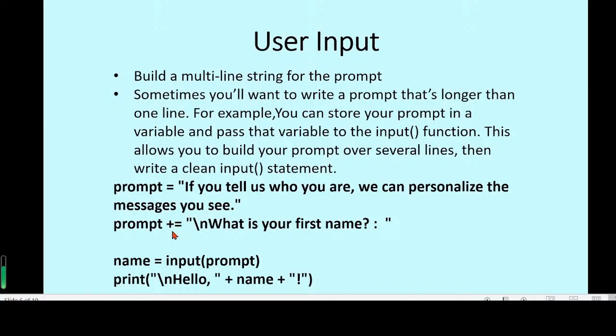Then we can use plus equal to add a new line with more information to this prompt variable. Next we can use the input function and pass in this prompt. So the user will see: if you tell us who you are, what's your first name, a two-line prompt.